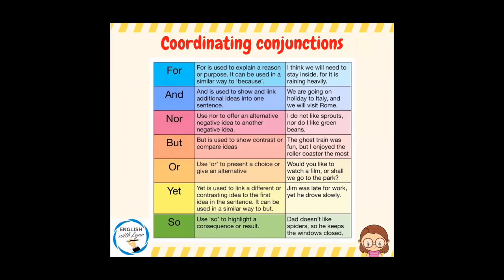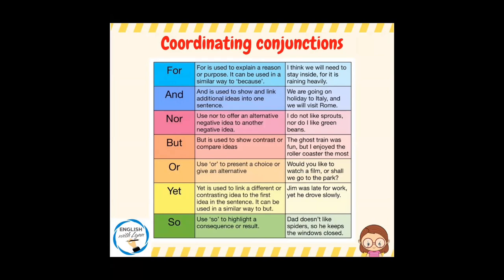So, and we will visit Rome. And remember, main clauses, they have a subject and they have a verb. So if you are using and to link your main clauses, make sure that there is a subject and a verb in the bit before the and the bit after the and.